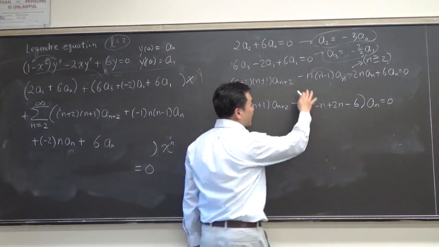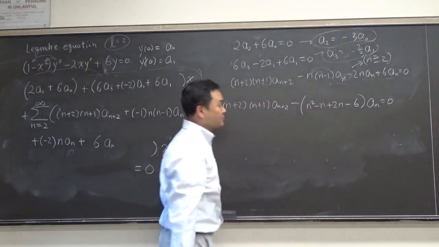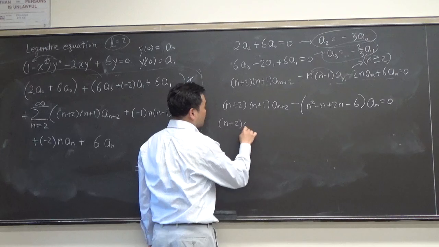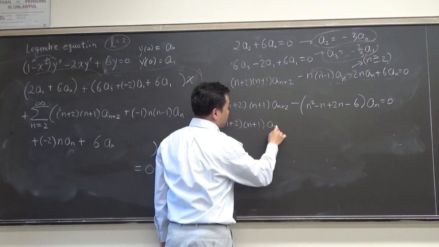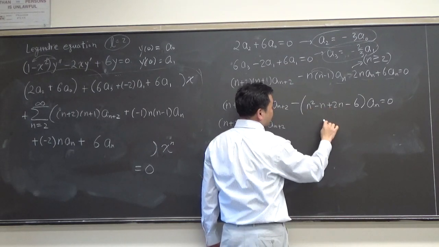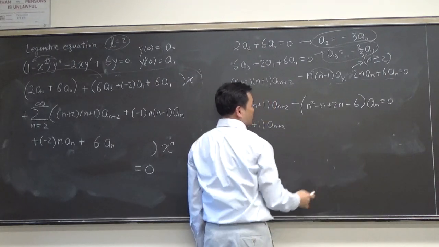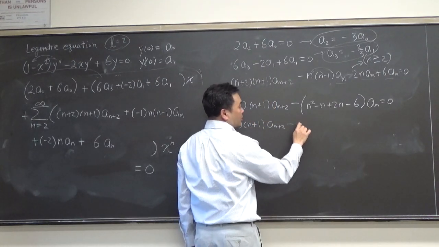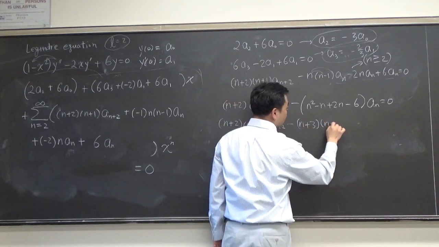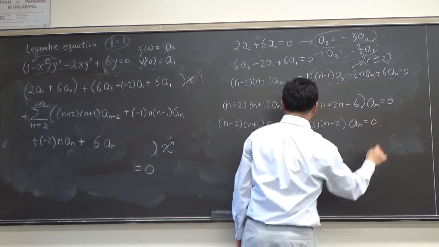See what I did? I factored the minus out and also the a_n's out because they're all here, right? And then you have (n+2)(n+1)a_{n+2}, and it's n squared plus n minus 6. How does that factor? It's (n+3)(n-2). Thank you. times a_n equals 0.